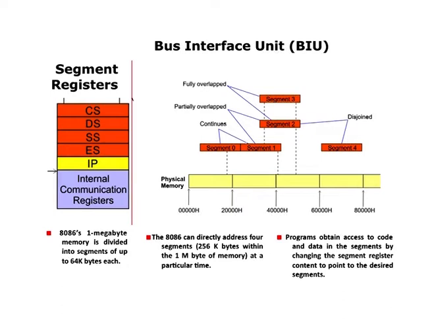The overall memory of the 8086 microprocessor, which is 1 megabyte, is divided into segments of up to 64K bytes each. The 8086 can directly address 4 segments, that is 256 kilobytes within 1 megabyte of memory at a particular time. The program obtains access to code and data in a segment by changing the segment register content to point to the desired segment.